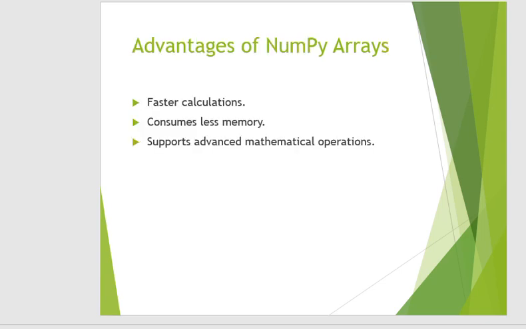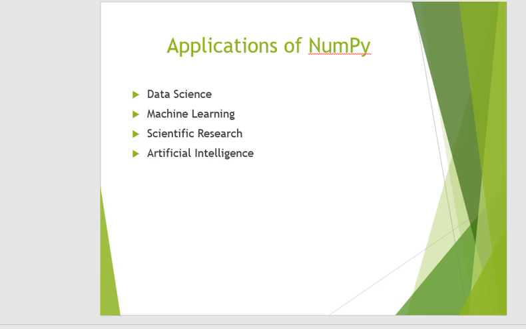Let's move to next. Advantages of NumPy arrays. NumPy arrays provide many advantages such as fast calculation, less memory usage, and support for advanced mathematical operations. In the previous slide, when I gave you the difference between NumPy and list, all these points were given. Now, what are the applications of NumPy?